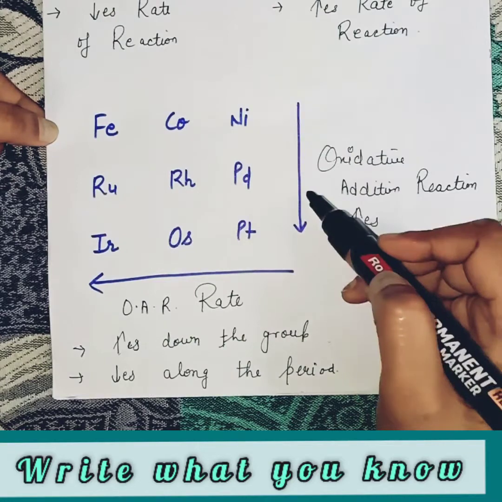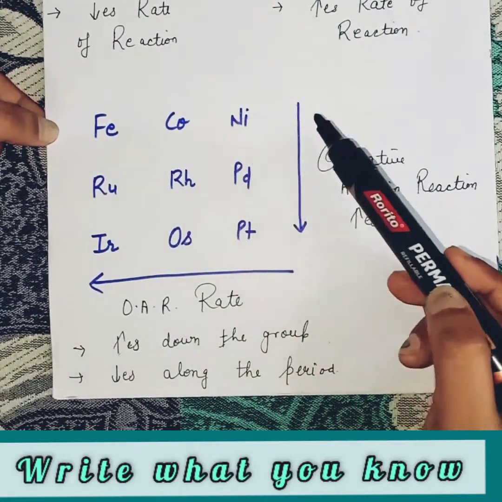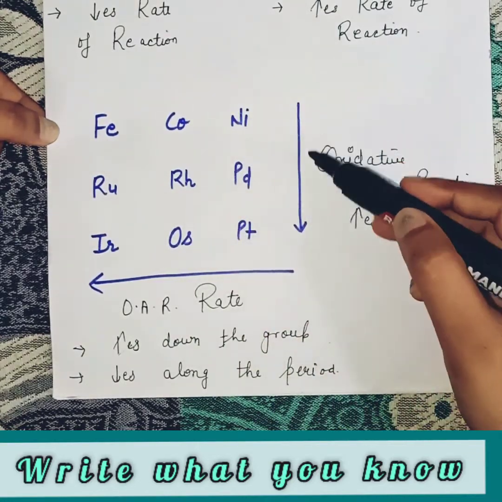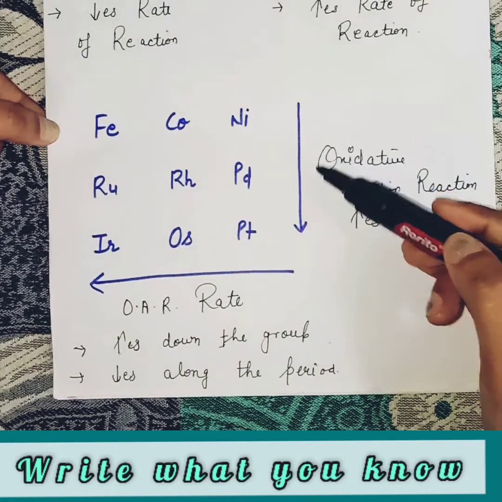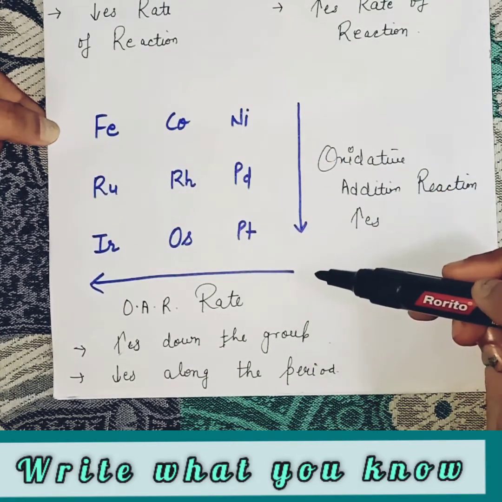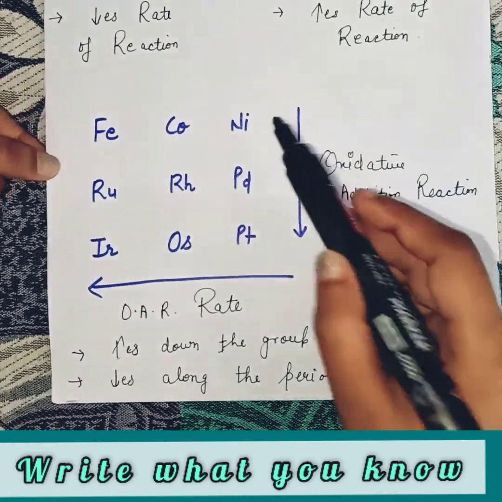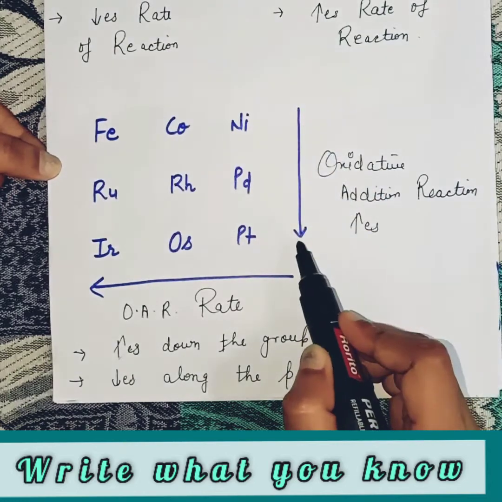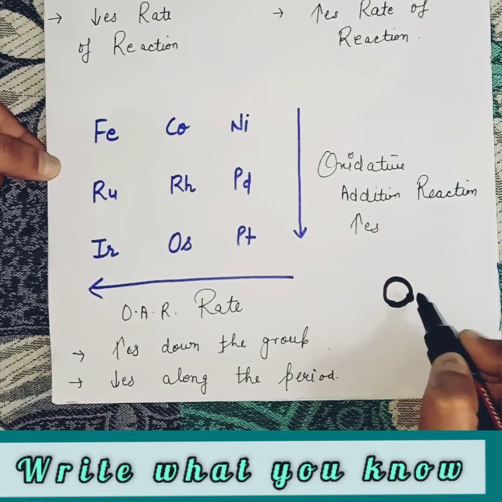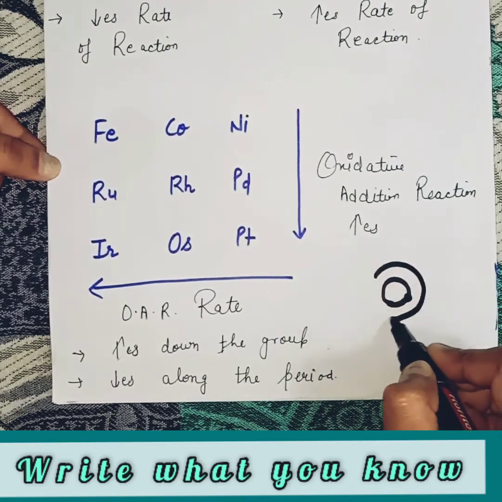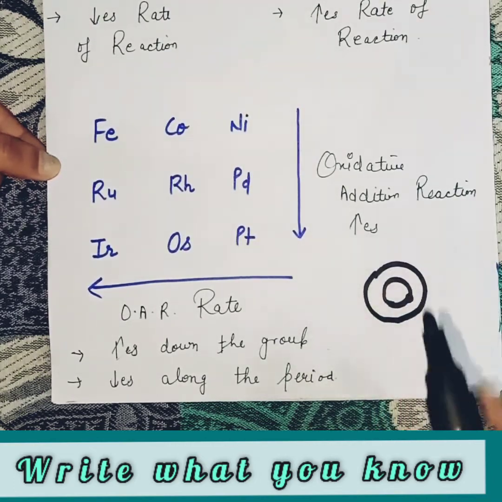Also, there is a series: the oxidative addition reaction rate increases down the group and decreases along the period. What's the reason why it increases down the group? As we go down the group, the number of electrons in the shell remains the same, but there is an additional shell.